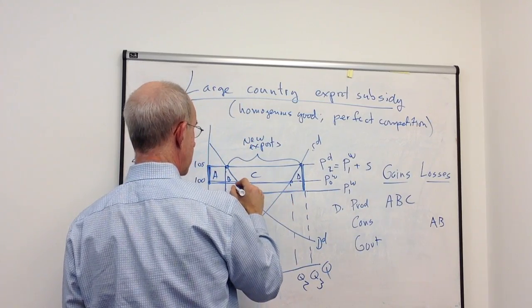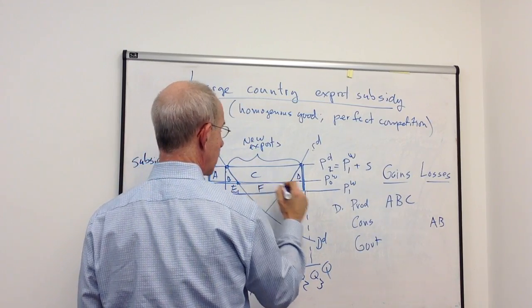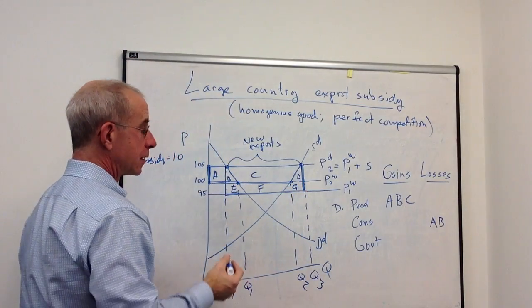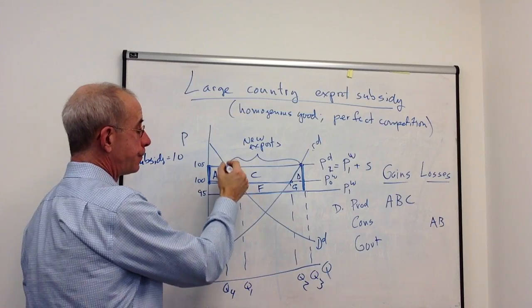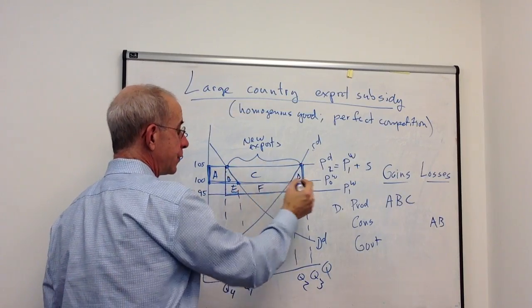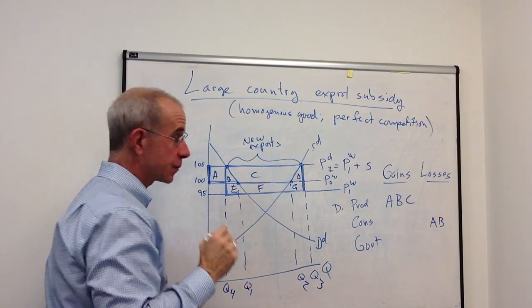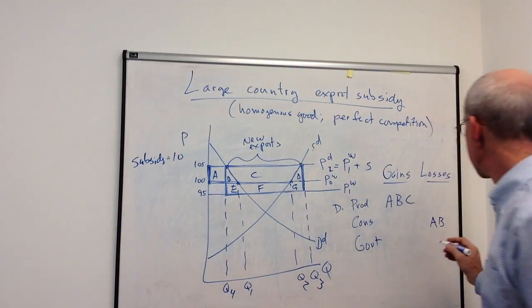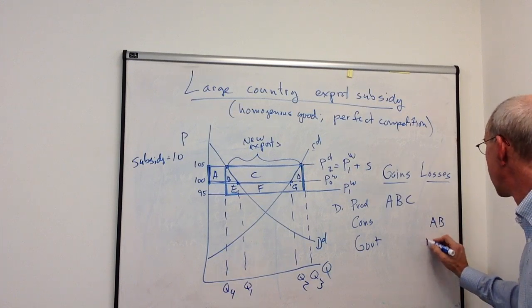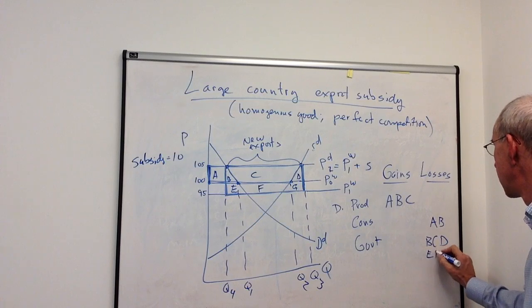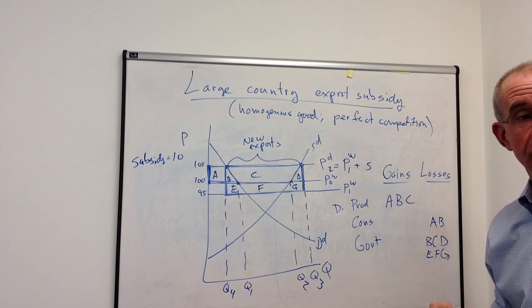So the total subsidy payment is B, C, D, E, F, G. It's the subsidy rate multiplied times the exports. So the government loses B, C, D, E, F, G.